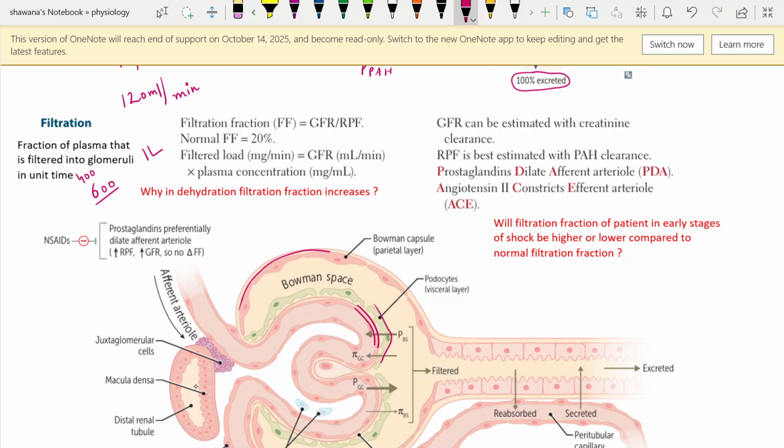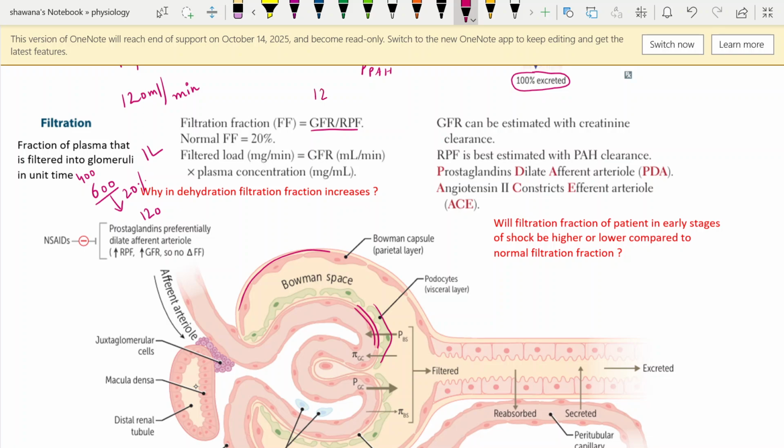From this 600, 20% is filtered, and 20% of that 600 is 120 ml. So 120 is the amount of the plasma that is filtered. The formula for the filtration fraction is the GFR divided by the renal plasma flow.